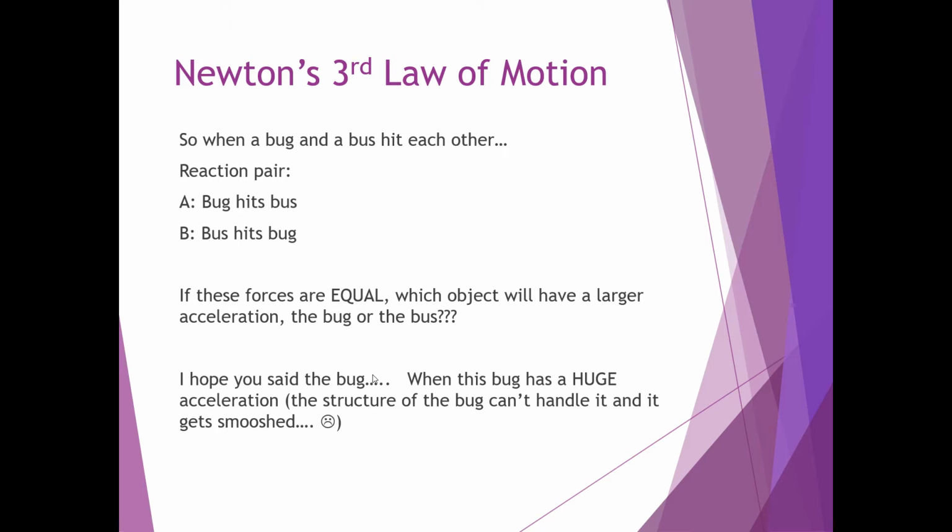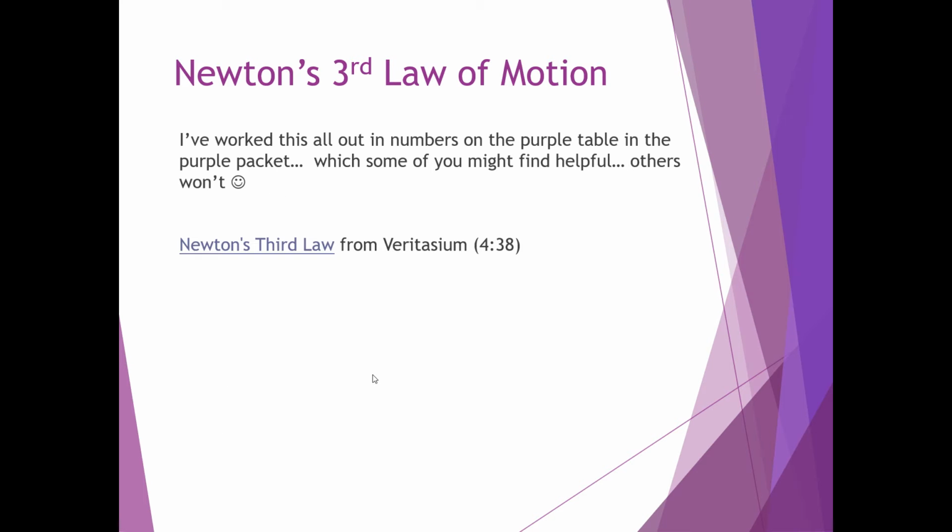I think that's the thing that gets most confused about this law. Even though a lot of people know the statement that the two forces are equal, they forget that with the forces being equal and the masses being different, we're going to have different accelerations, and that will lead to different visual effects.